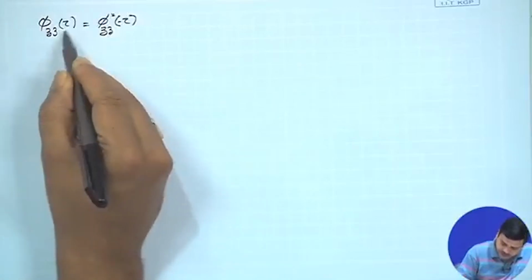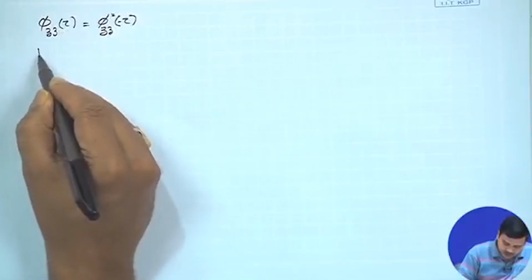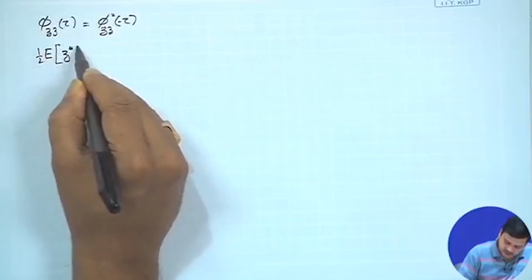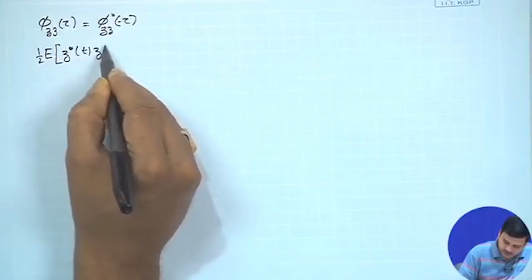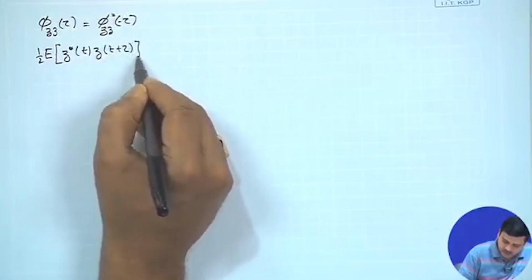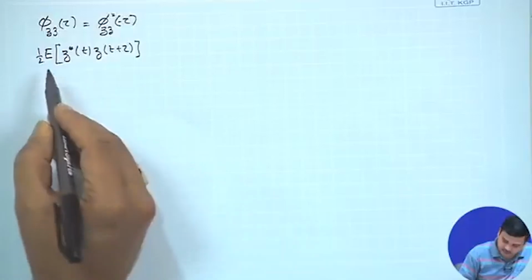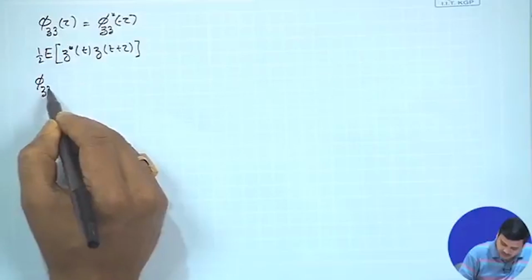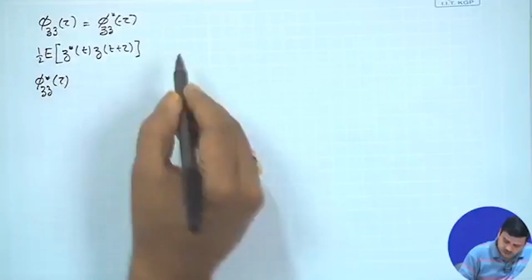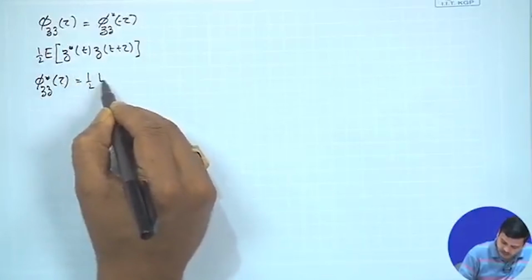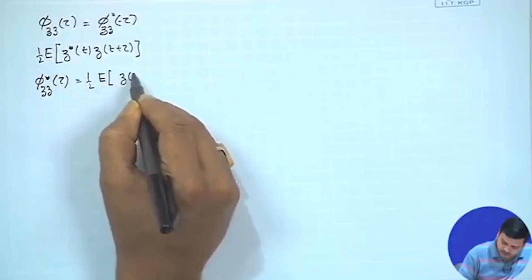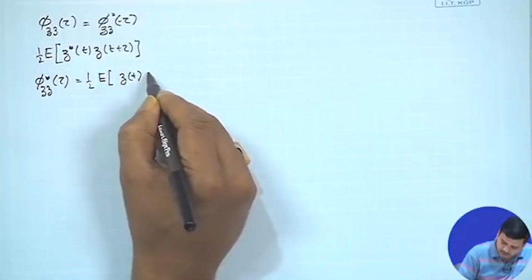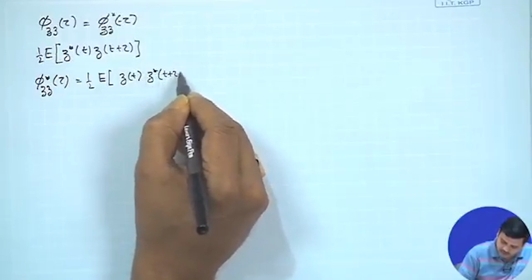So φ_zz(τ), the left hand side, is equal to half E, where E is the expectation operator, of z conjugate of t times z(t plus τ). And the conjugate of φ_zz(τ) would be simply the conjugation of that, half E of z(t) times z conjugate of (t plus τ).